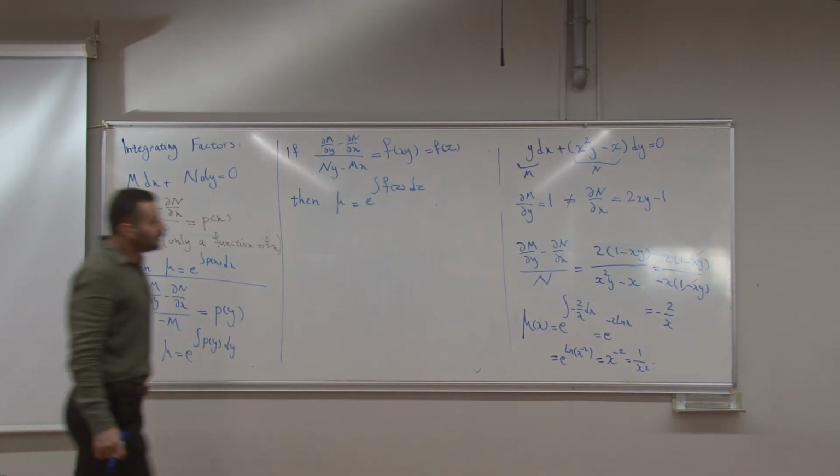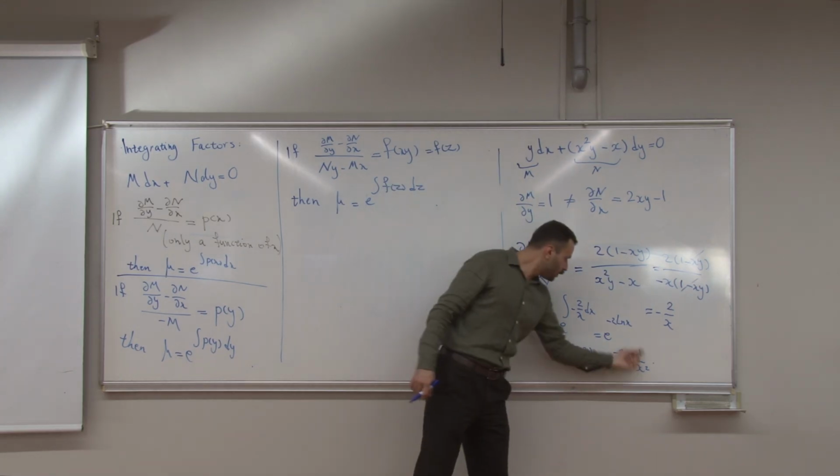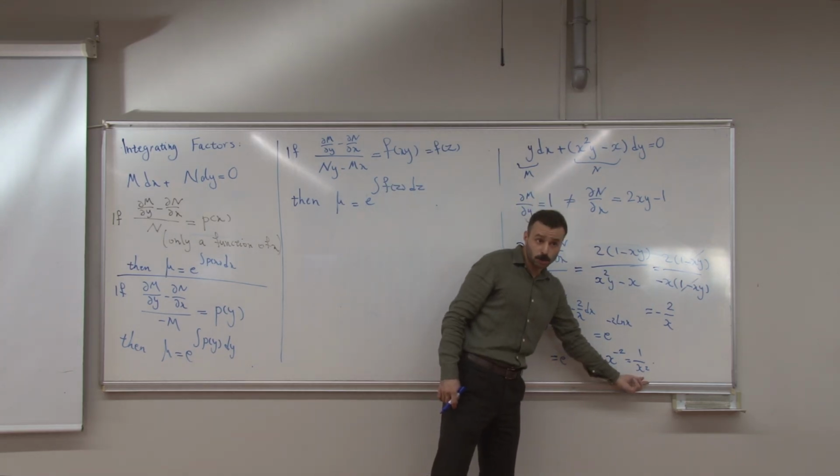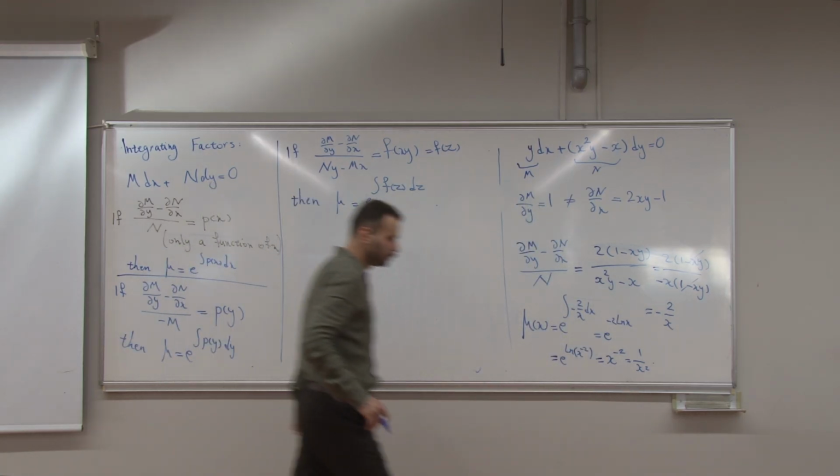Now, can you please multiply this equation by 1 divided by x squared and check if it is exact or not? Let's do it.